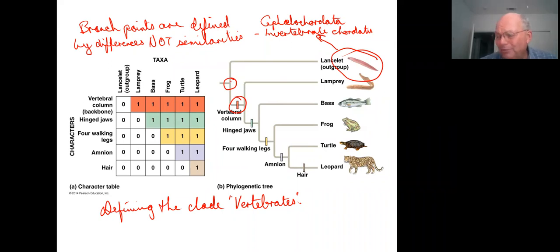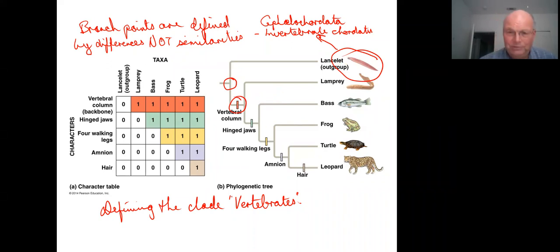The absence of a vertebral column also establishes the lancelets as our outgroup, because all members of the clade vertebrate or vertebrata possess a vertebral column. So that's the defining feature of everybody on this branch and establishes the lancelets as the outgroup, which helps us define the vertebrates.